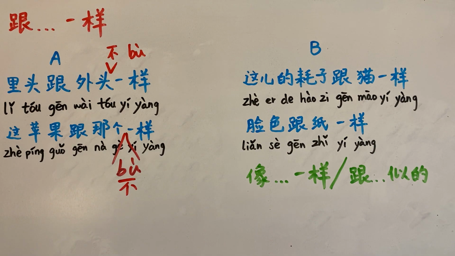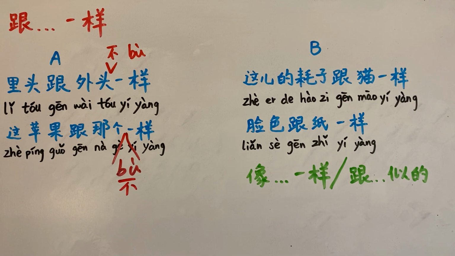All right, I think that's all we have talked about in this second part of the sentence pattern 跟一样.